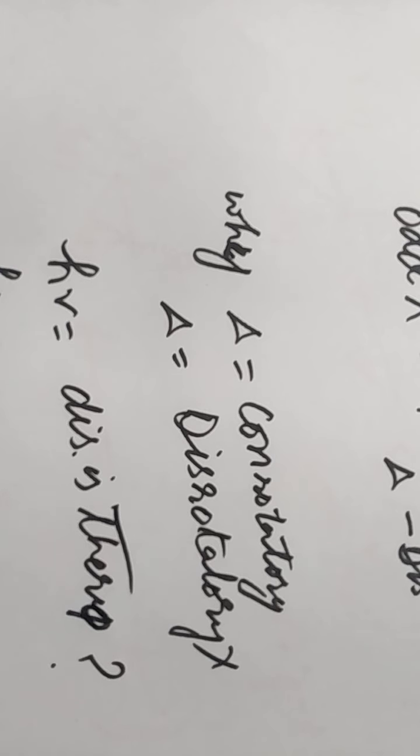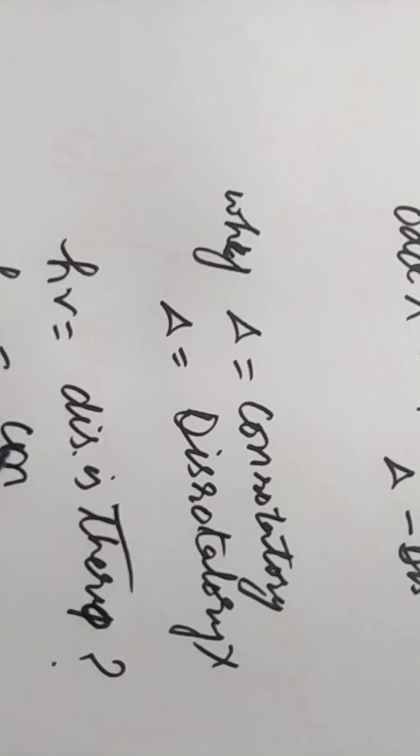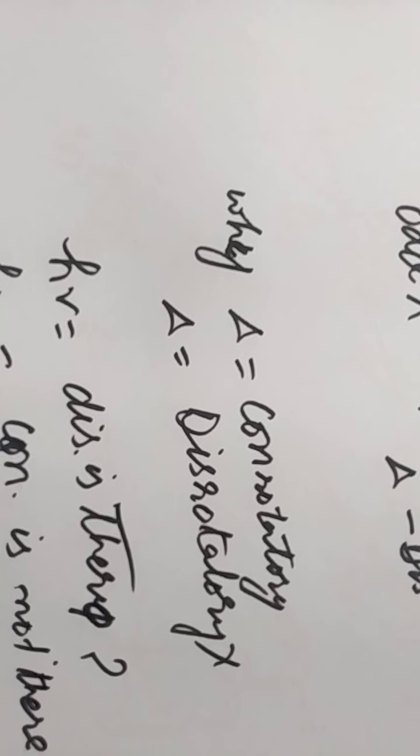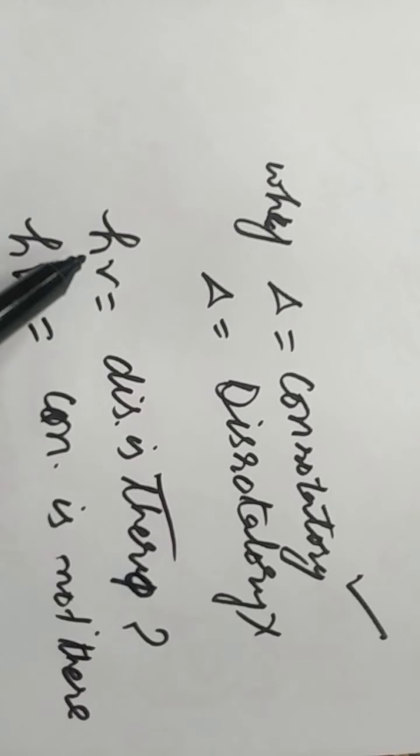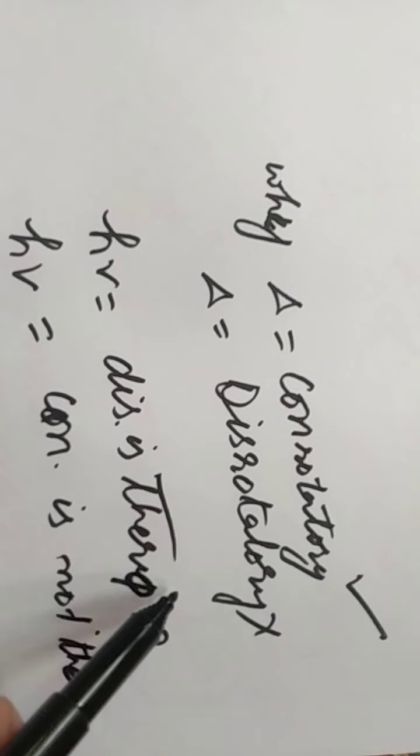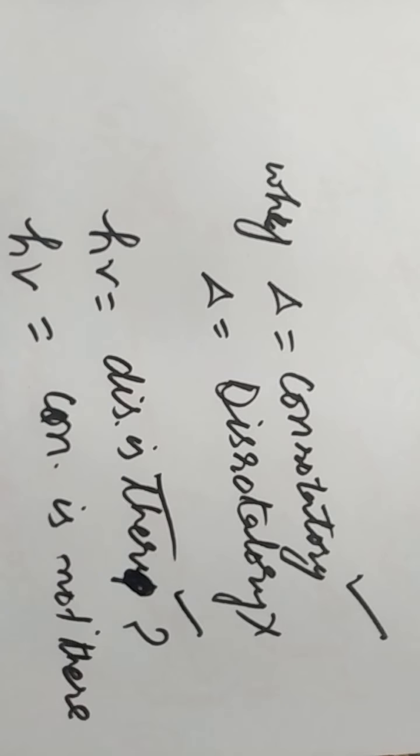And why is photochemical disrotatory there, and why is photochemical conrotatory not there? Right? I once again repeat, the question arises, why is thermal conrotatory there and why is thermal disrotatory not there? Then the second point is, why is photochemical disrotatory there and why is photochemical conrotatory not there?